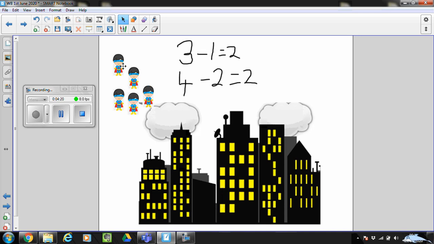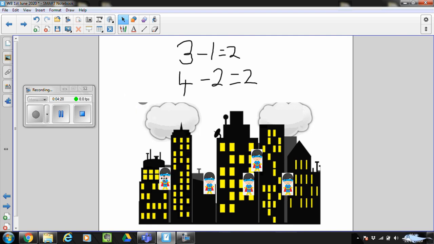This time 5 superheroes were needed to go to the buildings. So your 5 superheroes or objects land on the building. Out of those 5, 4 of them were asked to go to help at another building. So 4 this time flew away, so you need to take 4 off your building.